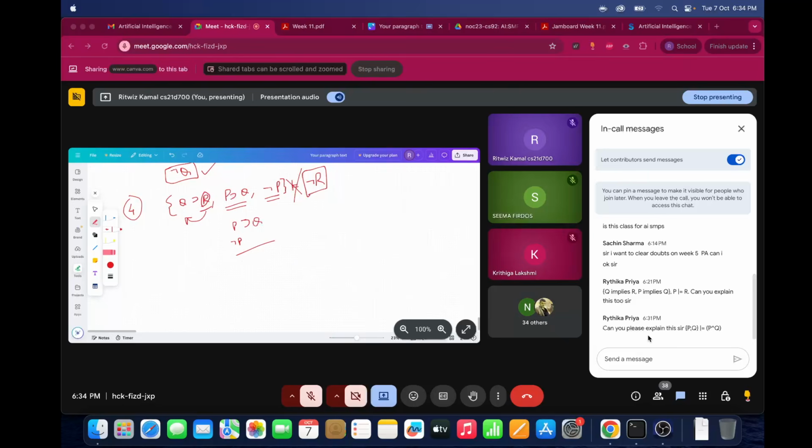This together implies P or Q, or entails P or Q. Do you think this will be a valid entailment?